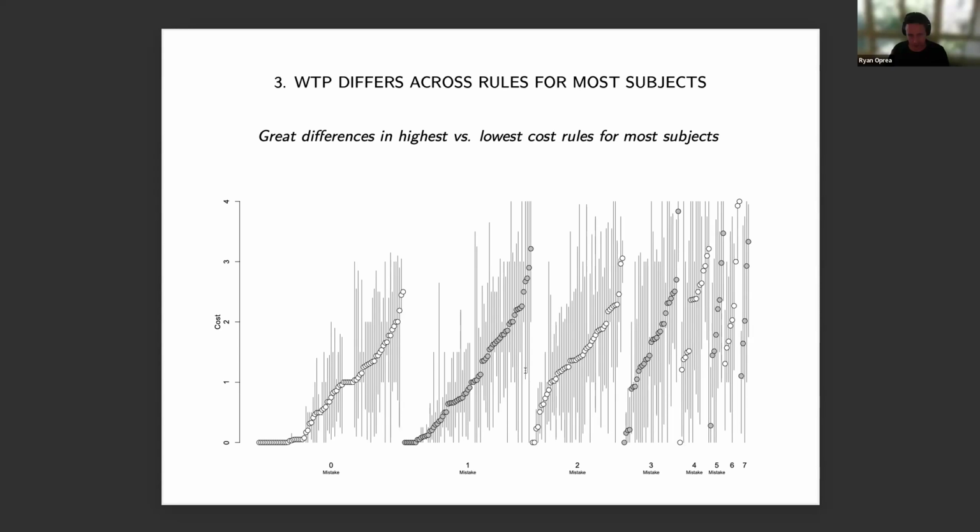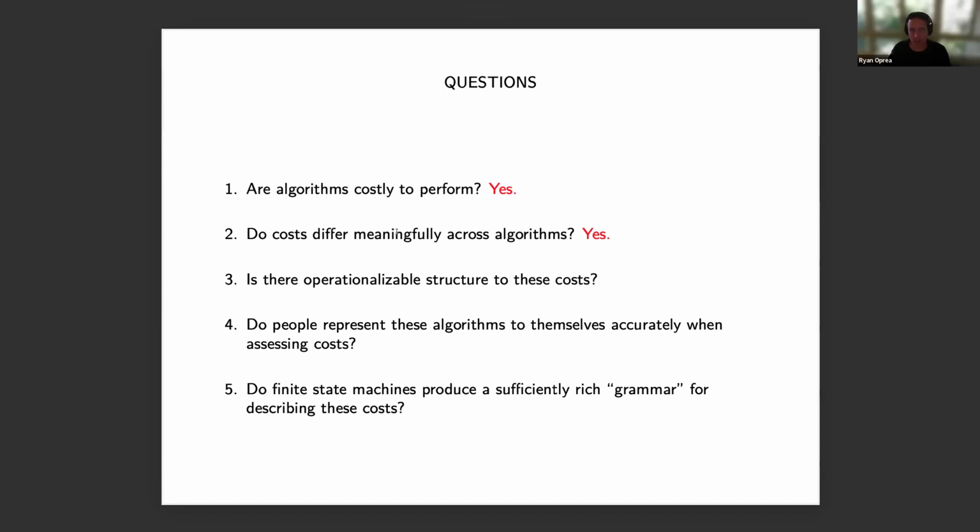And what you should see here is that subjects make huge distinctions across rules. For the median subject, a subject is willing to pay an order of magnitude more for the most complex rule than for the least complex rule they're assigned. Okay, so not only are subjects finding these rules very costly, these costs differ meaningfully across algorithms.